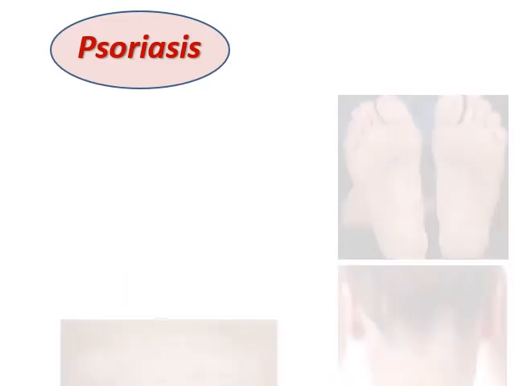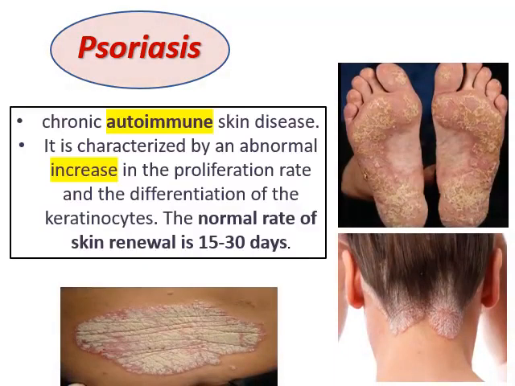In this section, I would like to talk about psoriasis. Psoriasis is a chronic disease. It is a chronic autoimmune disease characterized by abnormal increase in the proliferation rate and the differentiation of the keratinocytes, so that there is imbalance between the newly formed cells, which exceed the regenerated cells.